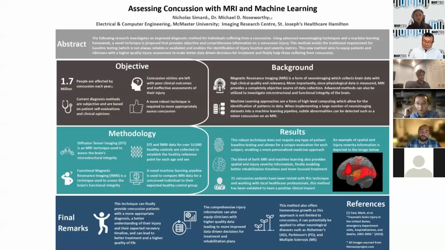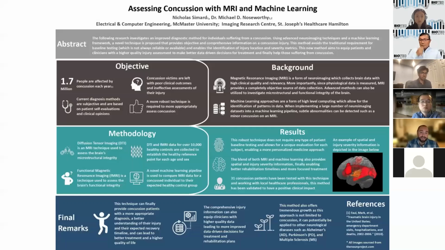To conclude, this technique can finally provide concussion patients with a more appropriate diagnosis and lead to improved clinical outcomes. The comprehensive injury information can also equip clinicians to make more data-driven decisions for treatment and rehabilitation. The machine learning technique also has tremendous room for growth, as it can potentially be applied to other neurological diseases, such as Alzheimer's, Parkinson's, MS, and many more.